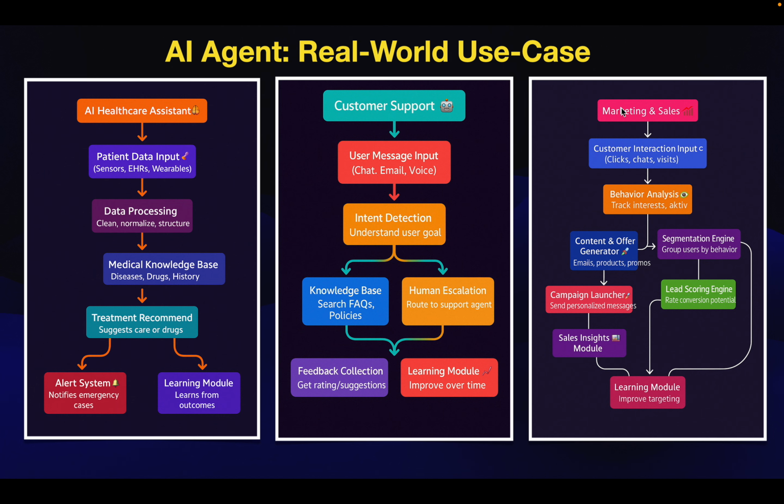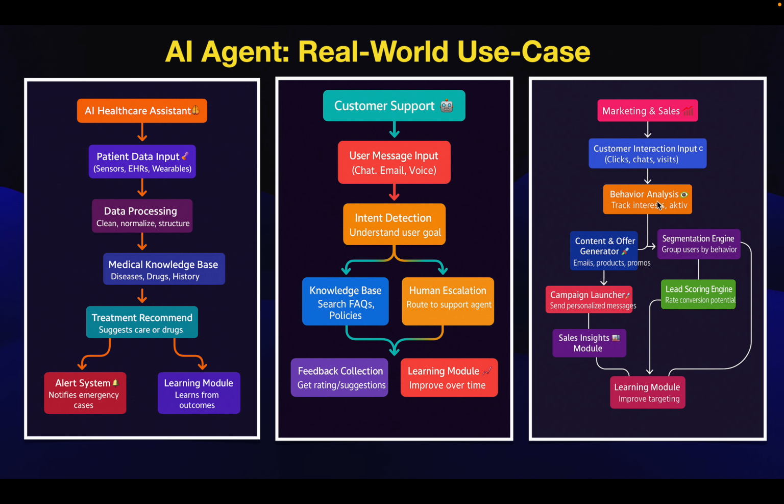And yes, we will go with marketing and sales. Finally, in marketing and sales, AI agents play a really huge role nowadays. They start by analyzing customer interaction data like clicks, chats, and browsing. Then they use behavior analysis to understand what the user provides.